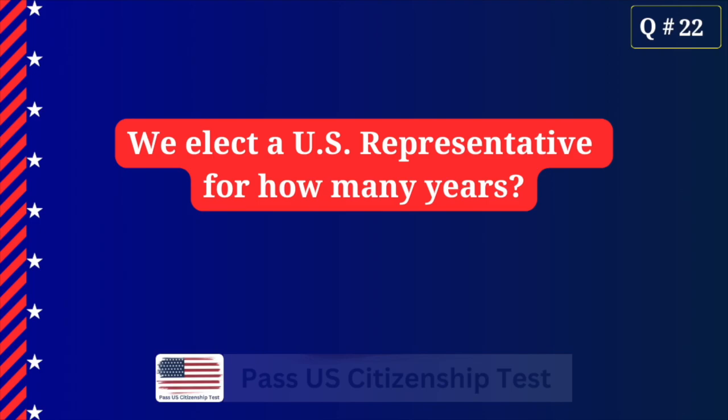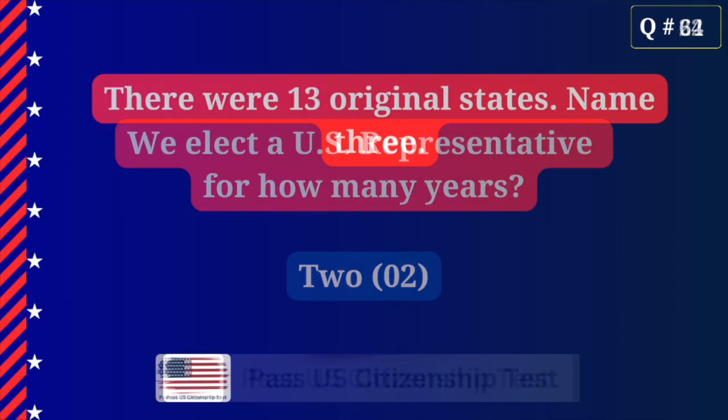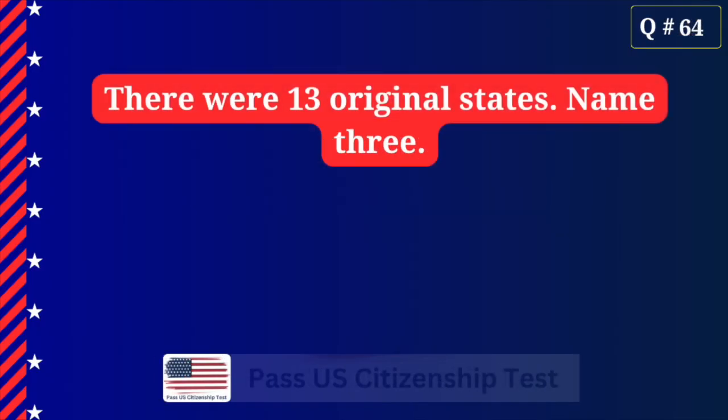We elect a U.S. representative for how many years? Two. There were 13 original states. Name 3.